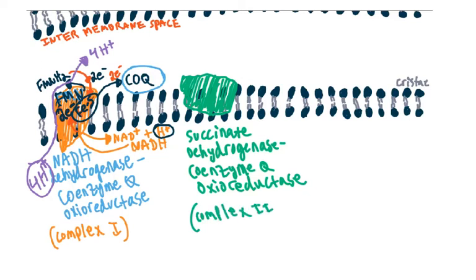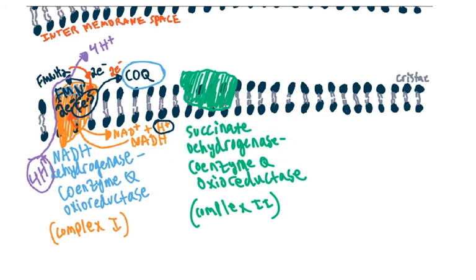Remember succinate dehydrogenase from the Krebs cycle, which we said was also bound on the cristae? It was the only enzyme in the Krebs cycle that was bound on the cristae, because it's involved in the electron transport chain also. Let's see how.